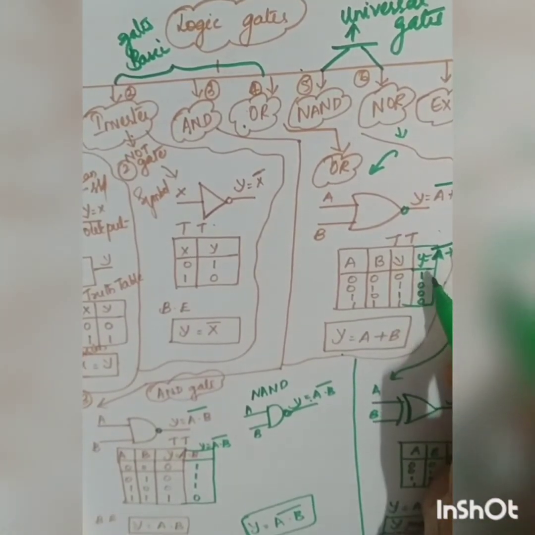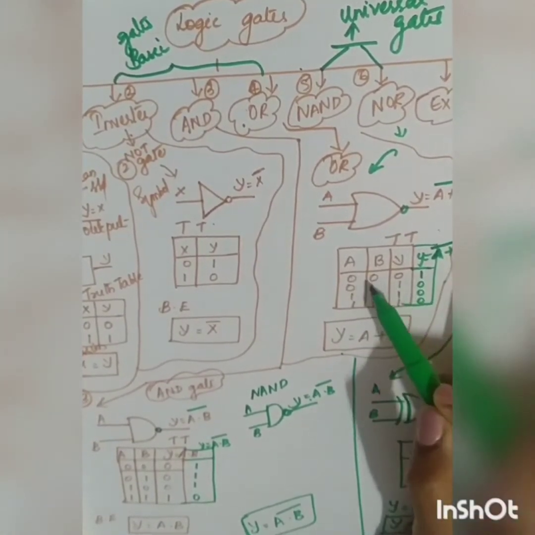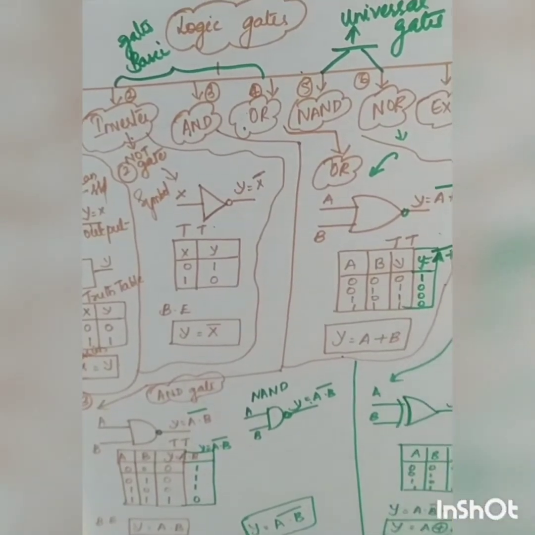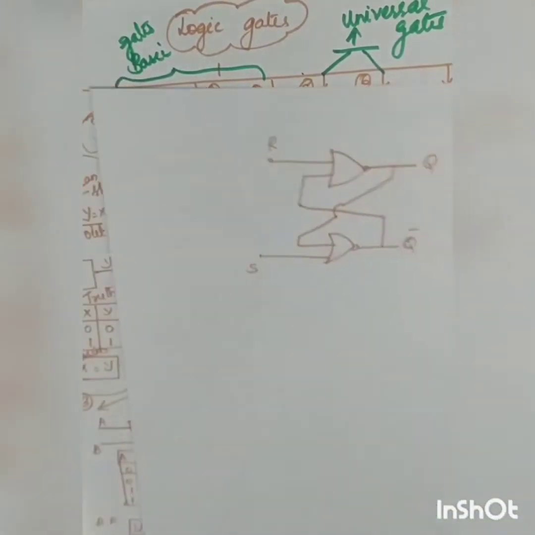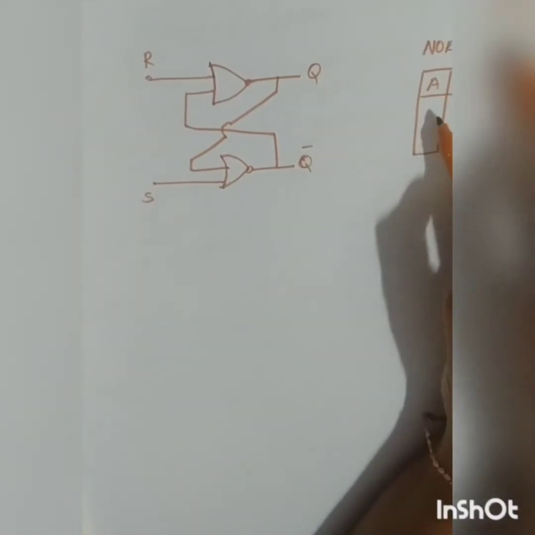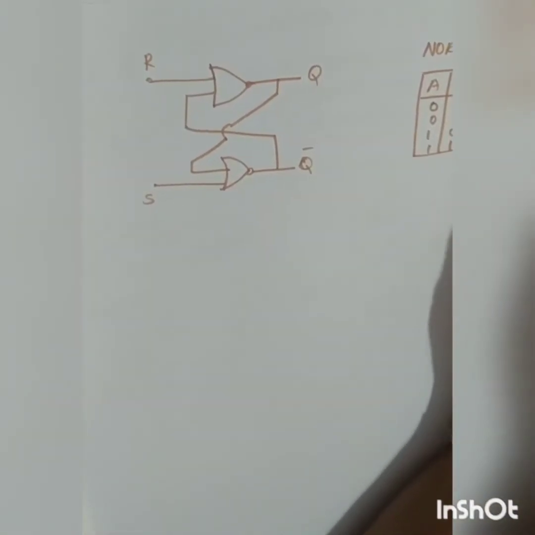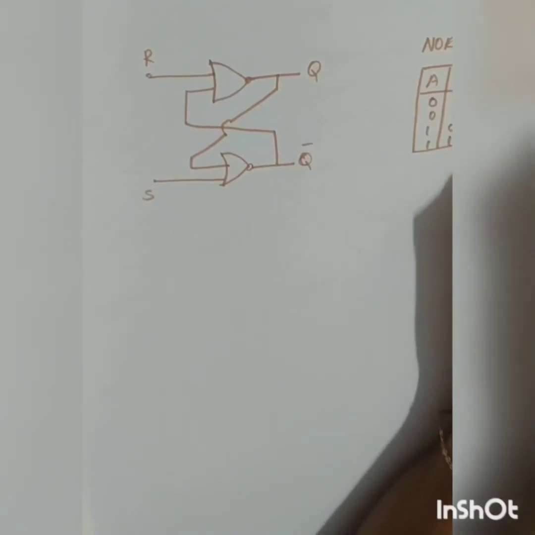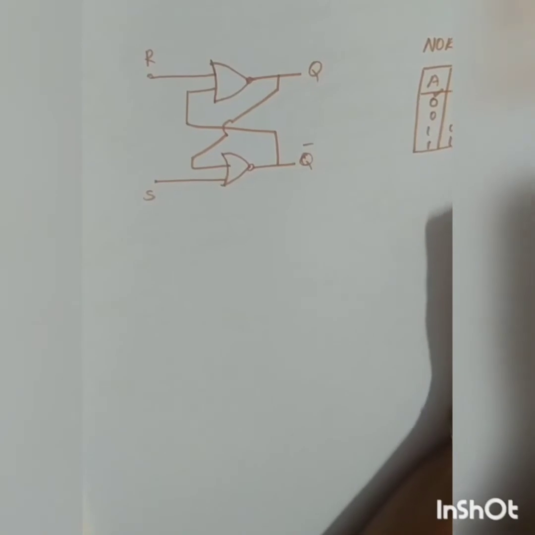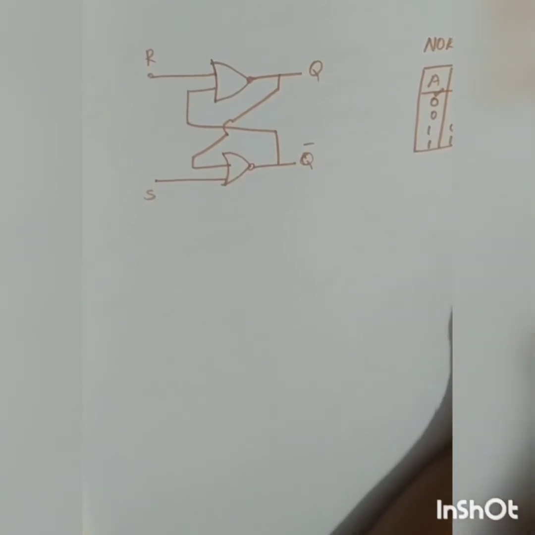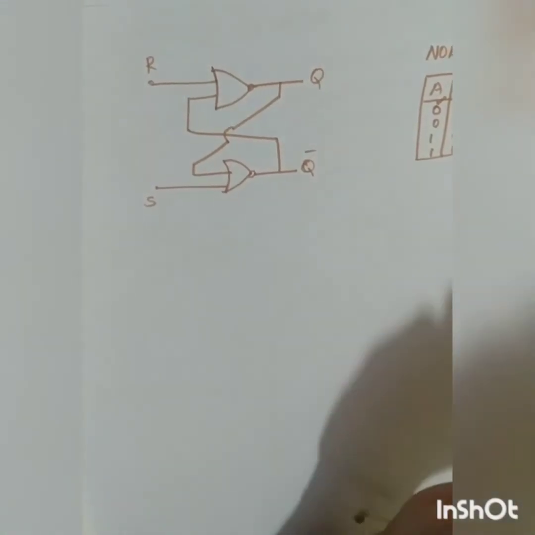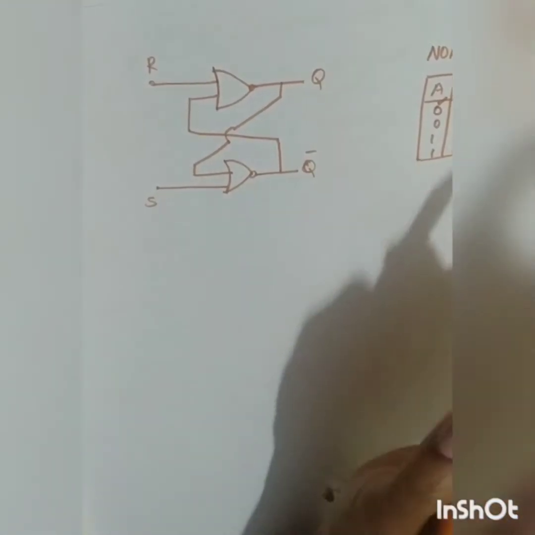You have the output high only when both the inputs are low, and in all other conditions it is 0. So your combinations are 0 0, 0 1, 1 0, 1 1. That is the opposite of your OR gate. Okay, now understood till this?